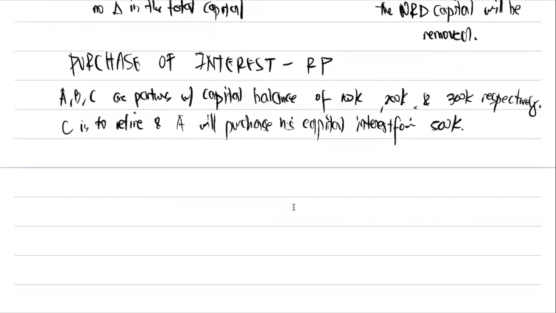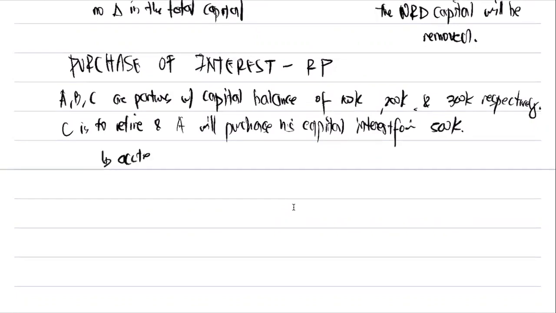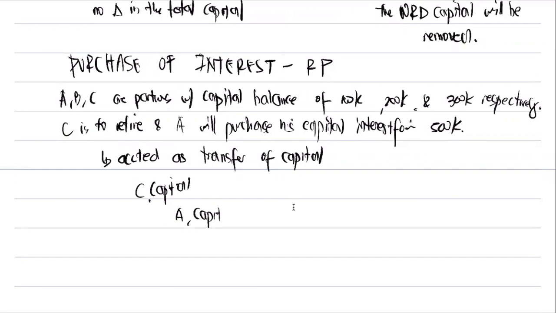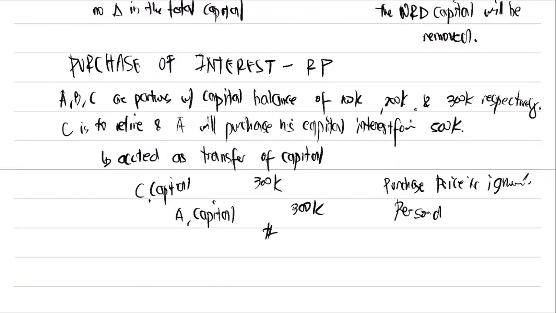Take note, this will be only accounted as transfer of capital. So what do we do? We remove C capital and we transfer it to A capital in the amount of 300,000 pesos. That's all. Again, the purchase price is ignored because this is a personal transaction. It is a personal transaction and it does not affect the partnership.